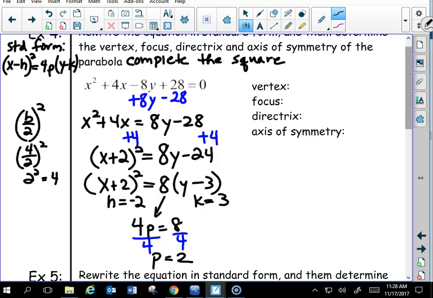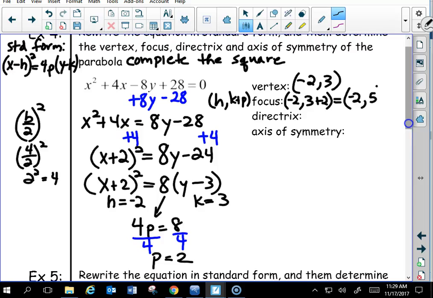Okay, so when we have x squared translated off the xy axis by h and k, our vertex is at (h, k), (-2, 3). The focus is going to be at the ordered pair (h, k plus p). h is negative 2, k is 3, and p is 2, which leads to the ordered pair (-2, 5).